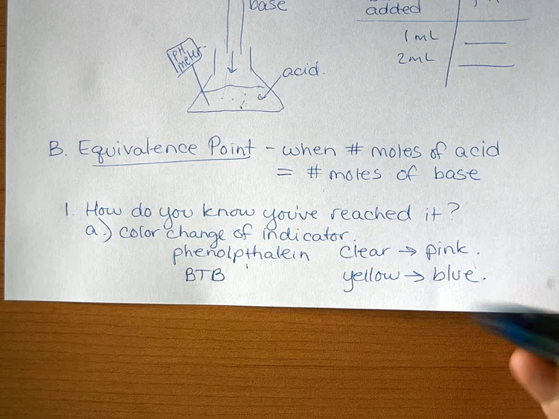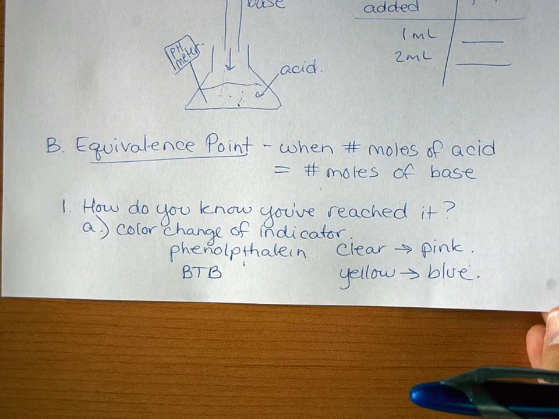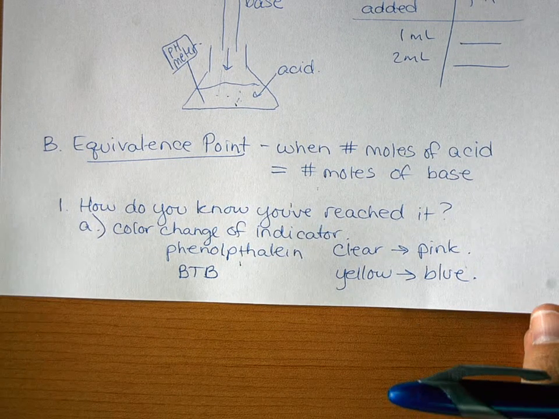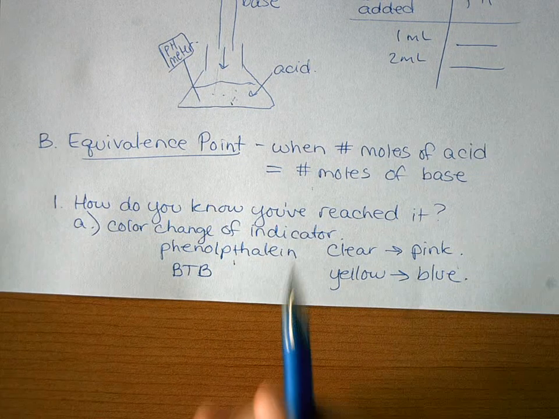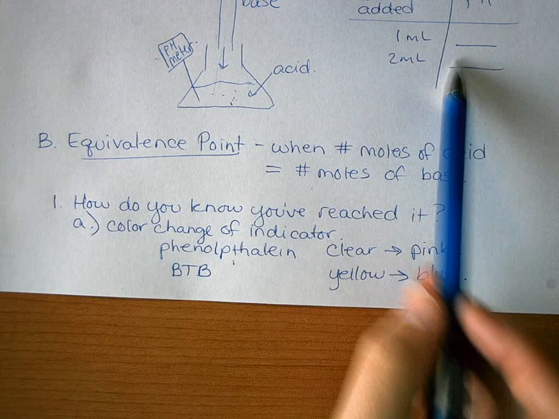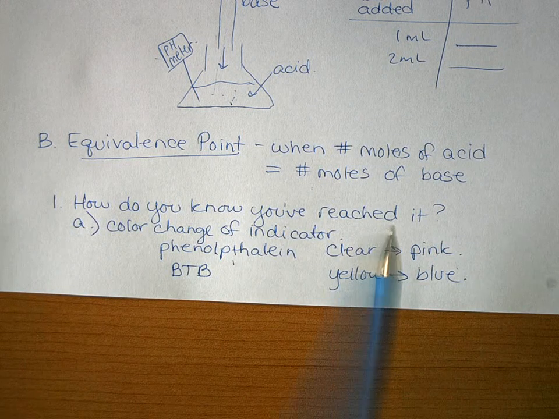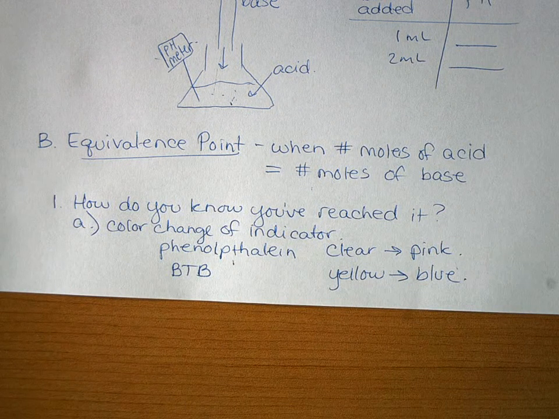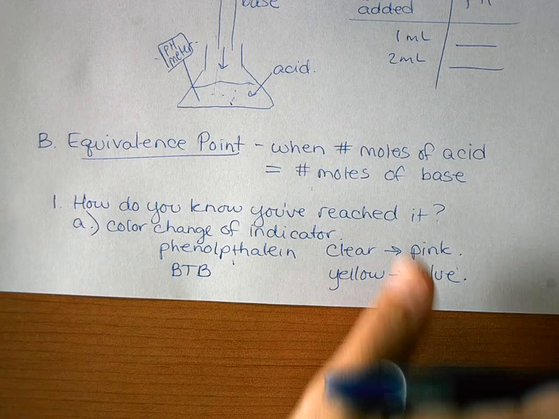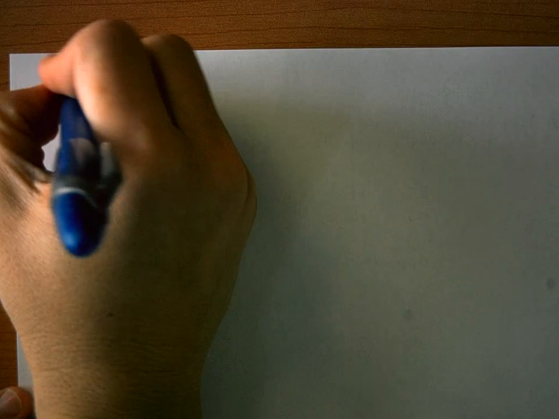Now the second way, that's the first way, is the color change of an indicator if you have that. But if you use the pH meter and you record all these different pH values after you add certain volumes of base and you graph it, we'll make this B. So the first way is color change of an indicator.